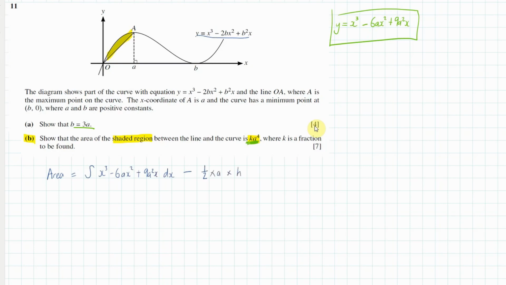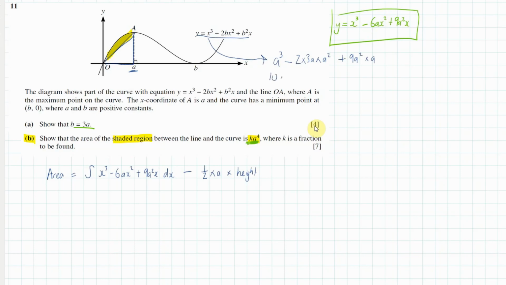times a times the height. Now we could probably figure that out. So I'm looking at this triangle here. The height of that triangle we're going to say is a cubed, putting in this x value here, minus 2 times 3a, which is b, times a squared, plus b squared, that would be again 3a, so 9a squared times a.